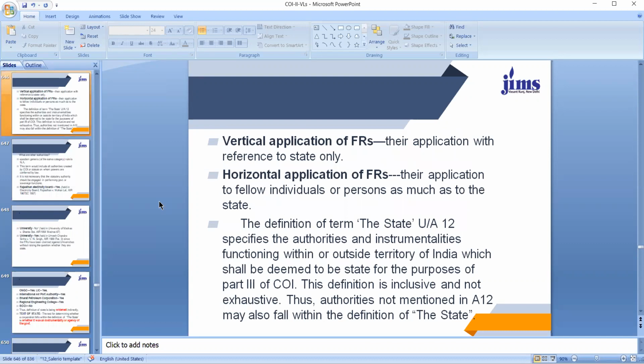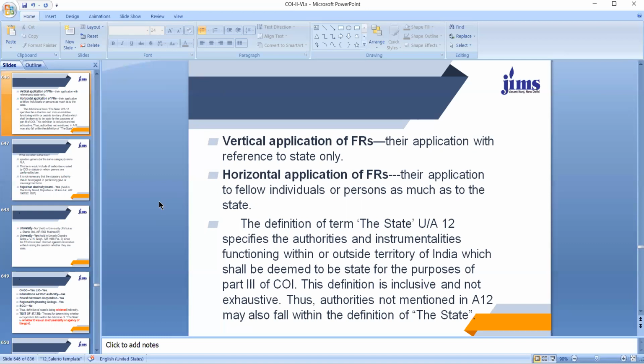Dear students, the application of fundamental rights may be studied in two ways. One is vertical application of fundamental rights. This means their application with reference to state only. And the second category can be horizontal application of fundamental rights. It means their application to fellow citizens or persons as much as to the state.